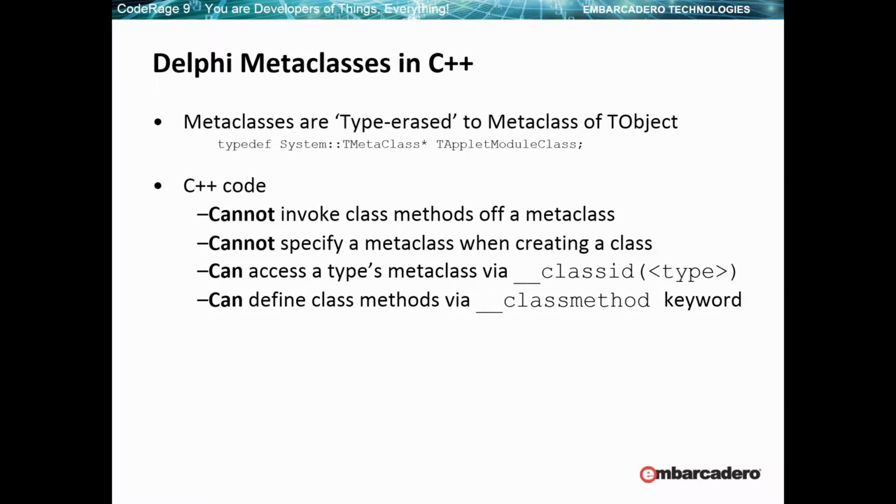So some of the things that you can't do with meta classes: you can't invoke the class methods. That's the first thing. That's a result of the type erasure. You can't specify a meta class when you're creating a new class. So if you say new TFoo, behind the scenes the compiler calls class create, passing it the meta class of TFoo. That's really what happens behind the scenes.